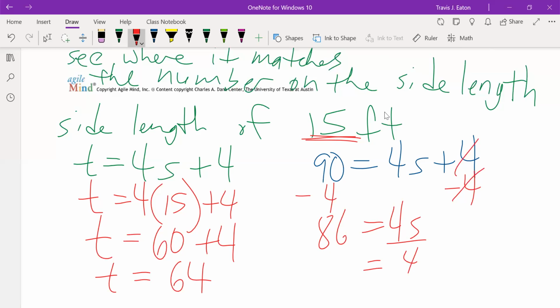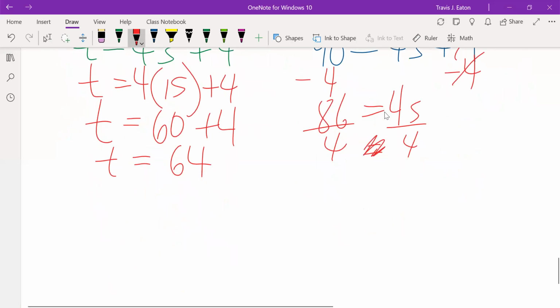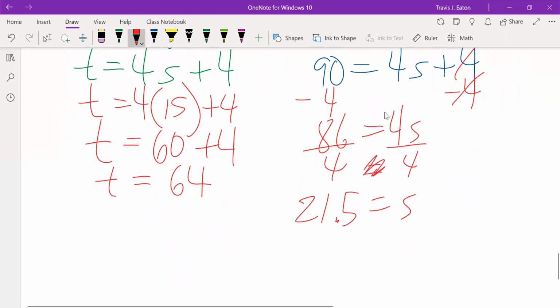Divide both sides by 4, and I get S equals 21.5. All right. Well, obviously I can't do half tiles. So I would have to take it down to 21 foot sides as the longest of the sides I could do, because I'm not going to do half tiles because it won't work. Okay.